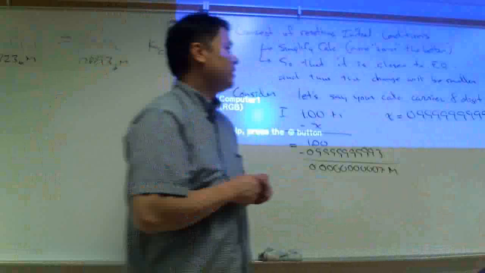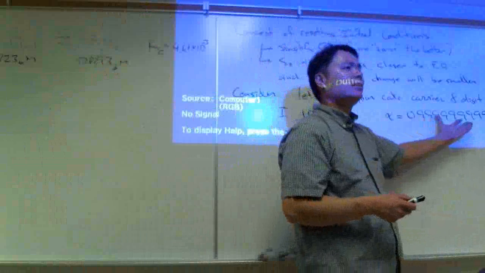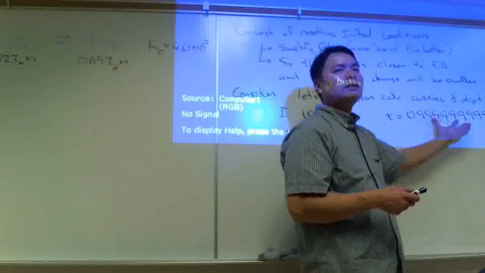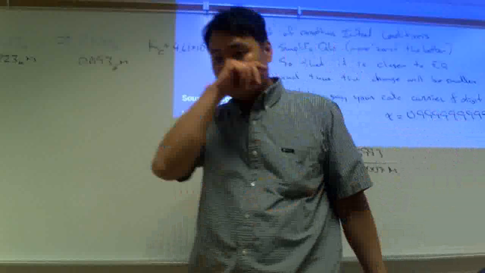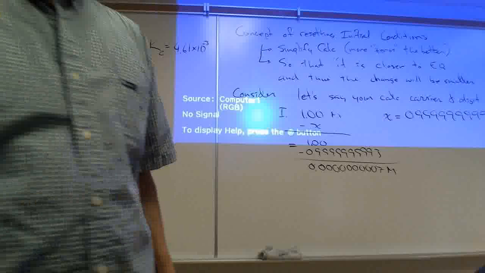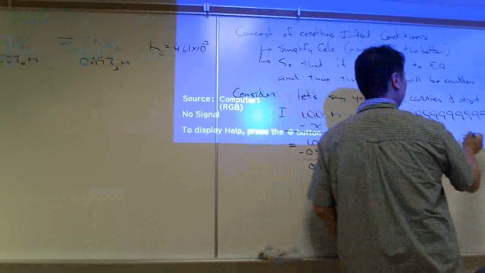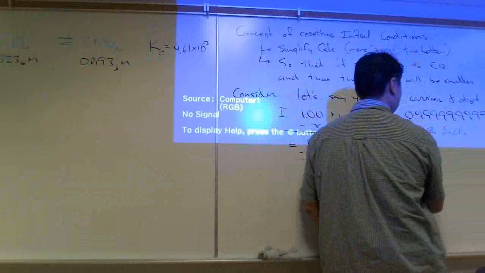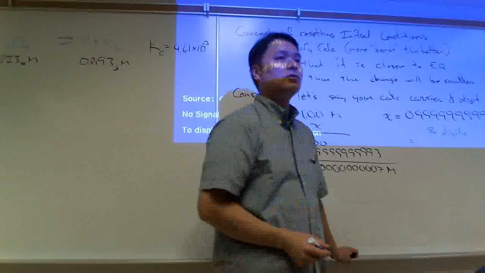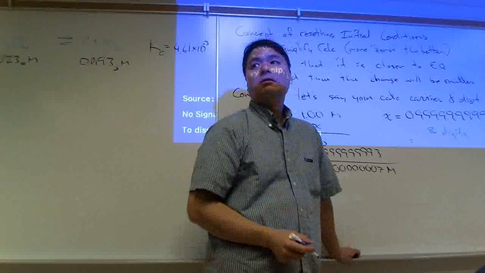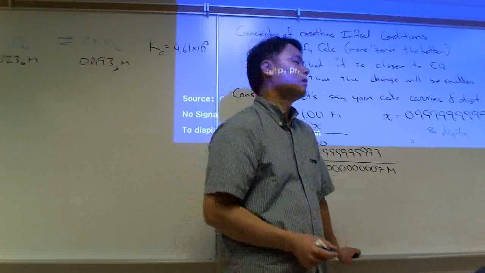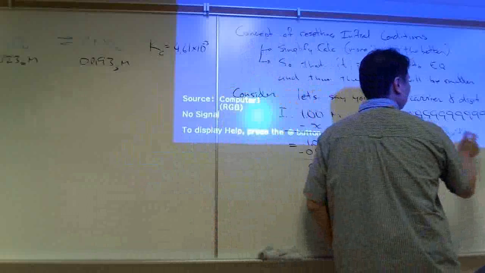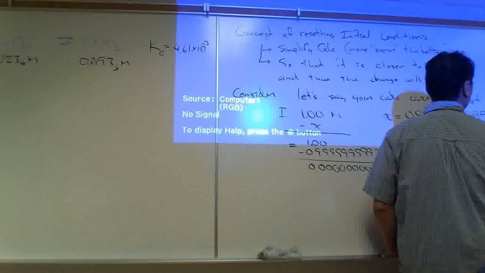And so if you have a fancy calculator, you can calculate this, right? But if you have a calculator that only carries 8 digits, then what's your calculator going to do? It's going to round it. An 8-digit calculator will round to 8 digits.